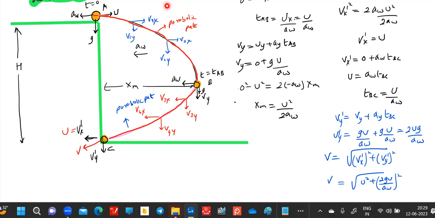So we will write the important data. Now, what is the data here? u greater than V1x greater than V2x. Then again here, Vx dash greater than V4x greater than V3x.